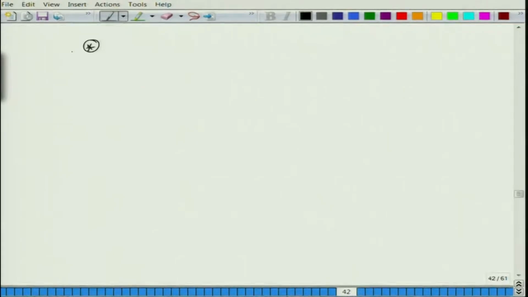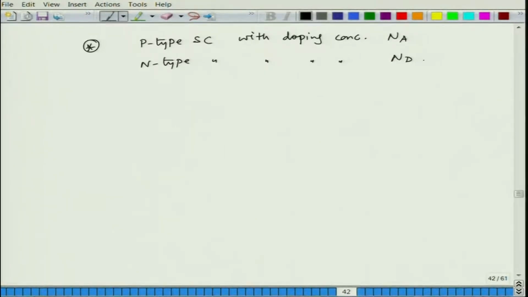So, let us say that we have one p type semiconductor with doping concentration Na, okay, A for acceptor dopant, and we have introduced Na of that, and we have an n type semiconductor with doping concentration of Nd. D stands for donor, right. So, Nd is the doping concentration for the n type semiconductor. Okay.